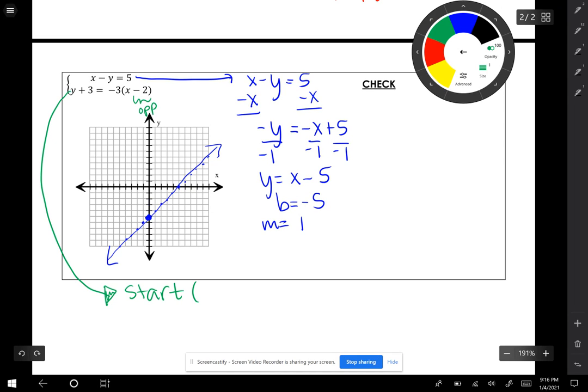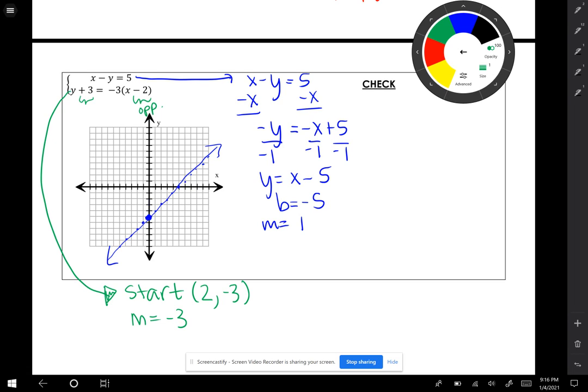You'll use the opposite of the value next to x for the x value in your point. So instead of using a -2, we'll use a +2. For your y value, use the opposite of the number after y. So instead of using a +3, we'll use a -3. So our starting point is 2, -3. The slope is still the number in front of x, so the slope will be -3.